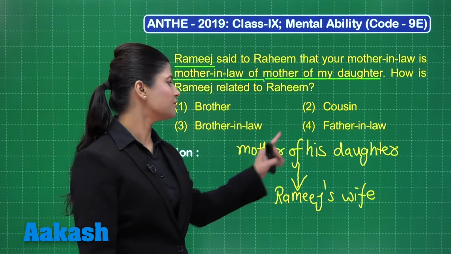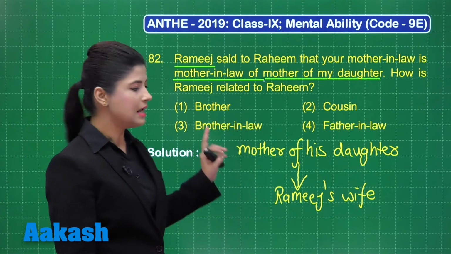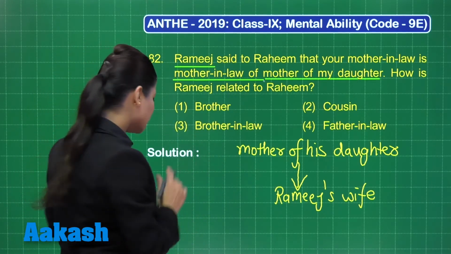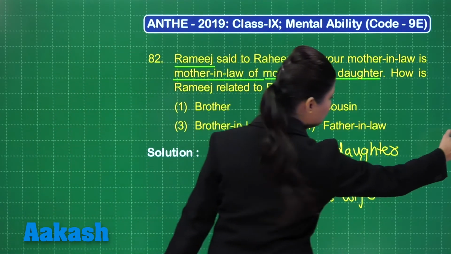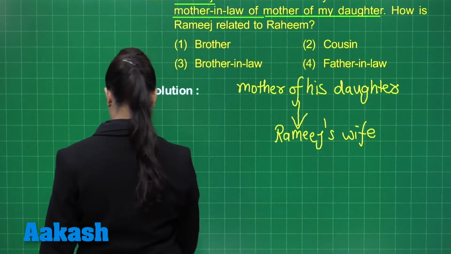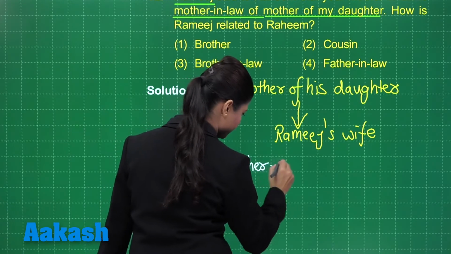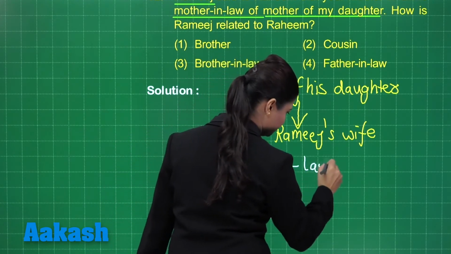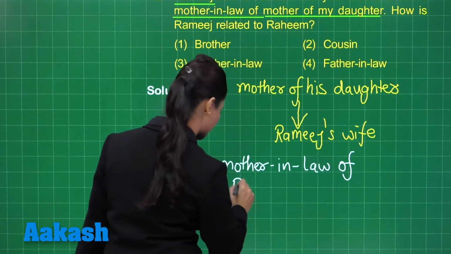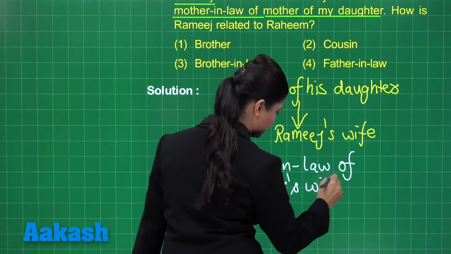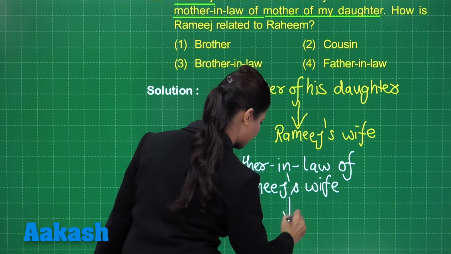As you already know, the mother of his daughter is Ramesh's wife, and who will be the mother-in-law of Ramesh's wife? The mother-in-law of Ramesh's wife will be his mother. So the mother-in-law of Ramesh's wife is definitely Ramesh's mother.